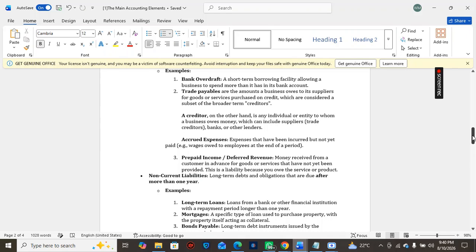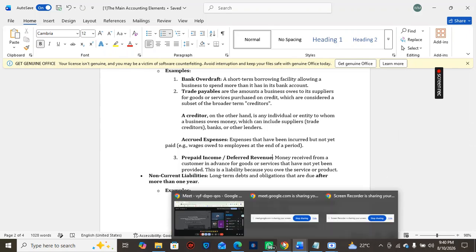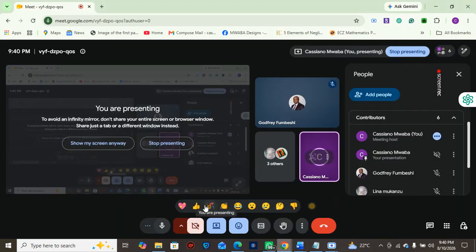Then you have non-current liabilities. This is what you owe that can be paid after a year. Any long-term bonds, long-term debt that the company engages in is a non-current liability.